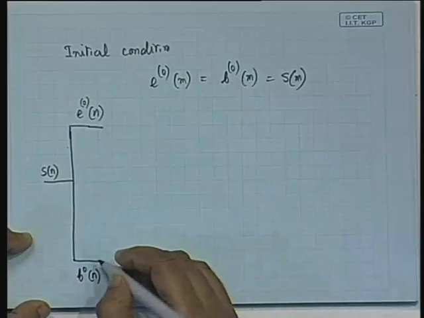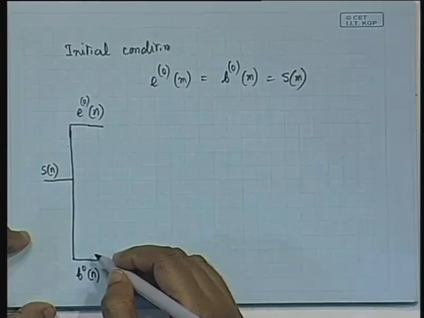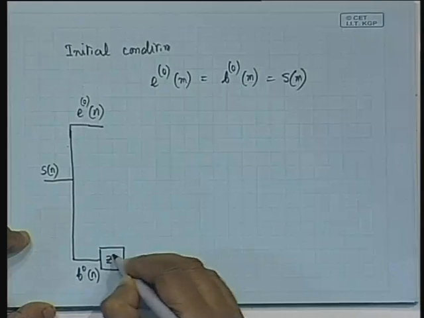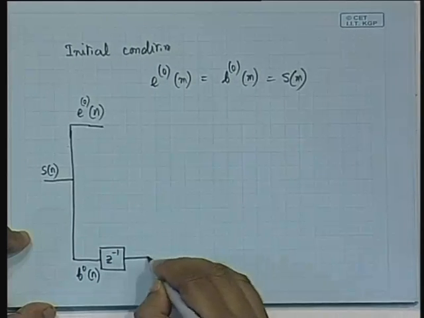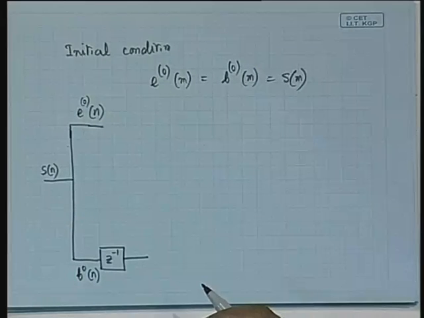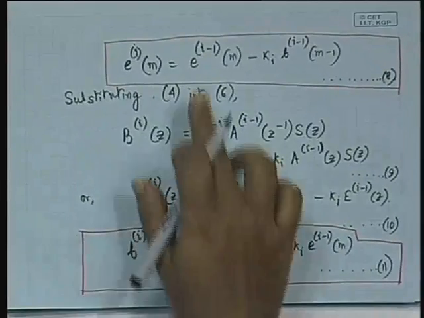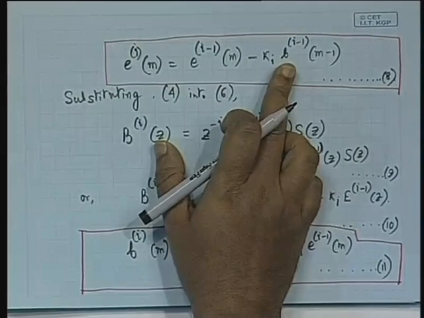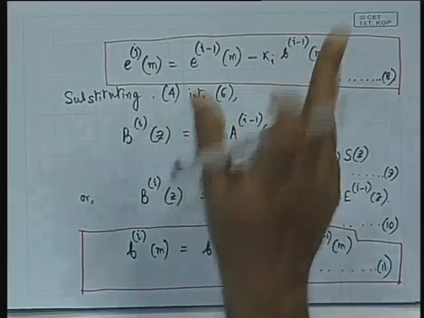Now, what we do is that to B0 of n we put a delay, z to the power minus 1. So, what we have over here is B0 of n minus 1. Now, what we want to do? Let us say that we want to get E1 of n. To get E1 of n, what we need? We need E0 of n, and we want to take B0 of n minus 1.